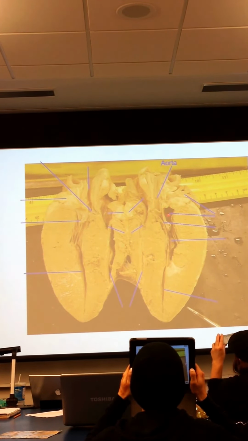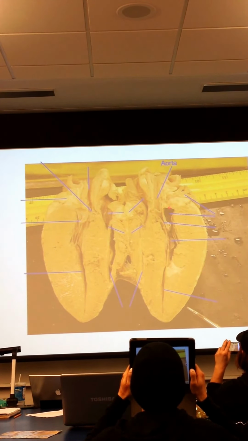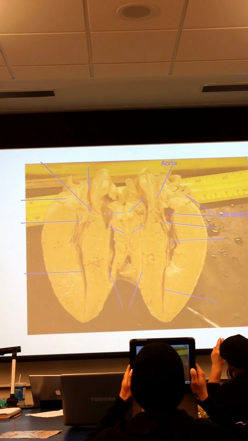That's the left atrium. Steven says left atrium. What else does anyone else think? Anything else? This and this. Sorry? A valve? It's not a valve. I'm just messing with it. It is the left atrium. This opening here and this up here is all part of the left atrium.